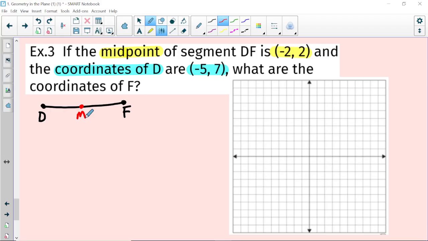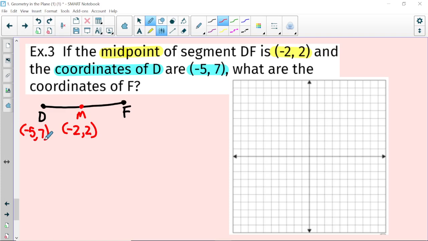We're being told that the midpoint is negative 2, 2. We're being told that the coordinates of D are negative 5, 7. And we're trying to find out what the coordinates of F are going to be.